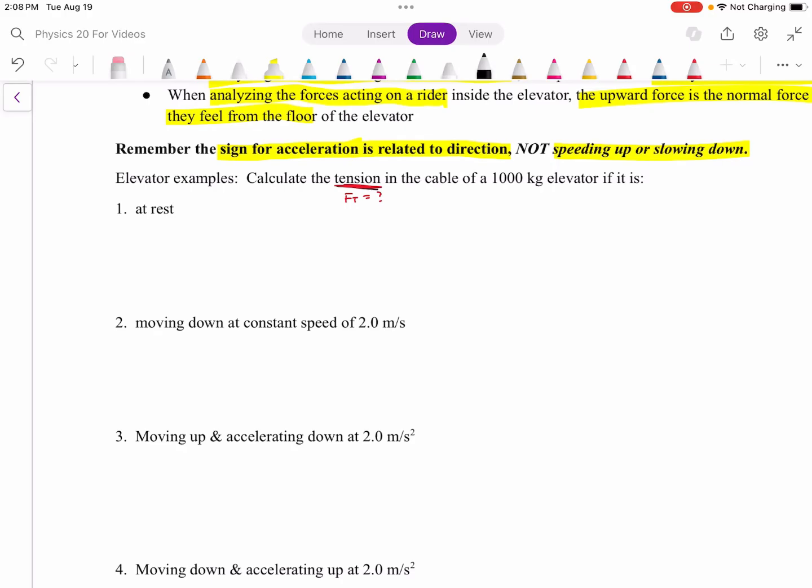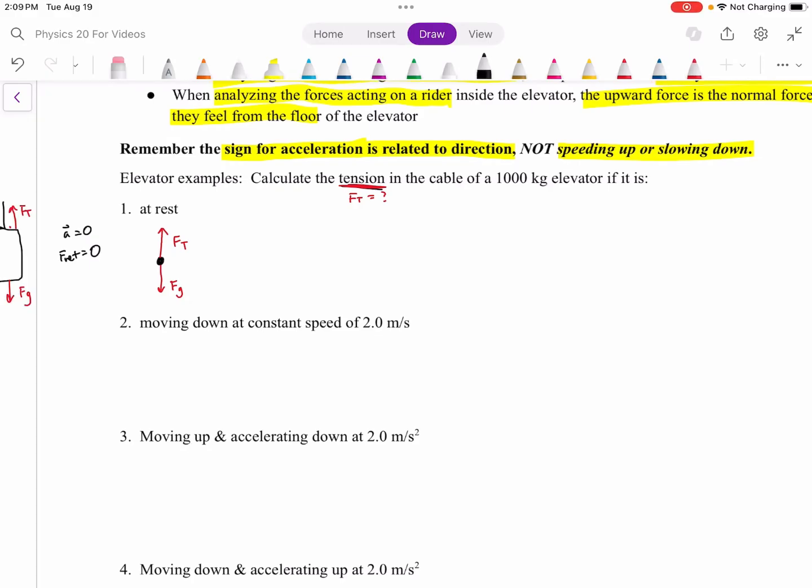No. So is the net force 0 or not 0? It's 0, right? So we've set ourselves up for success by thinking about that, because now we know that whatever forces are present, they need to be canceling each other out, right? So there is a force of gravity downwards pulling the elevator down, but tension in the cable pulling it up must be just as large. Opposite direction, but same size.